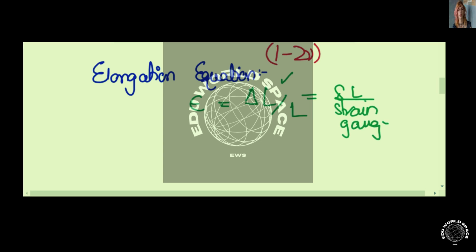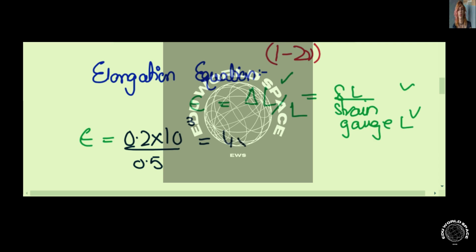We have all of these values, so just plug them in, and we get 0.2 into 10 raised to power negative 3 divided by 0.5, and that is equal to 4 into 10 raised to power negative 4.